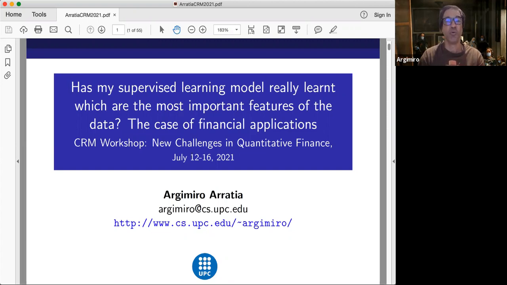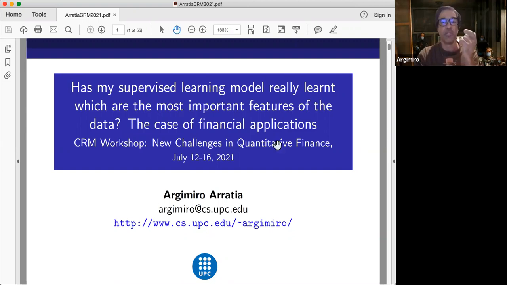So the thing is that these models are considered like black boxes in the sense that you get an answer, but you don't really know how that answer was obtained, because the inner workings of the model are kind of complex. It's not like a linear regression where, through the coefficients, you can see which variable has actually been used more than others in getting the answer, right?